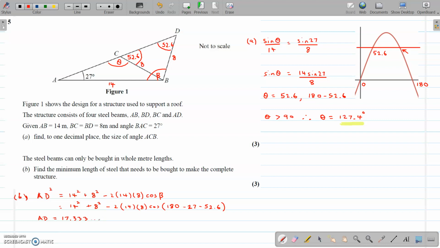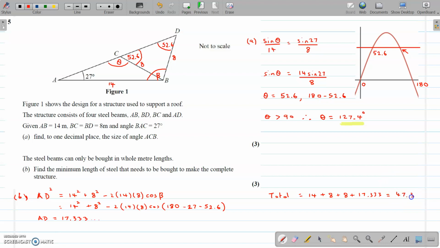Okay, and so the total length of the beams is going to be equal to, well, you've got a 14, you've got an 8, you've got another 8, and you've got this 17.33, and that comes to 47.333.